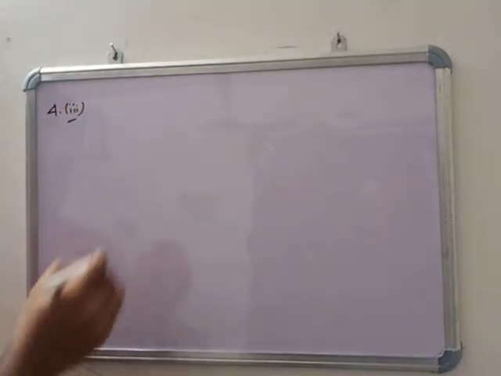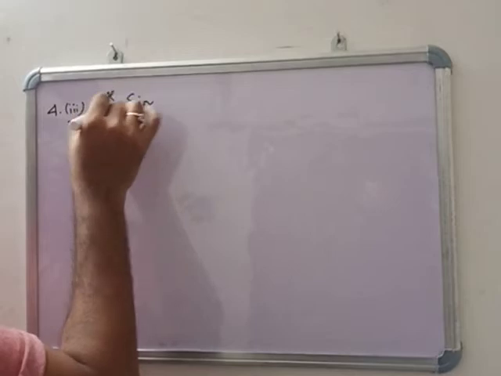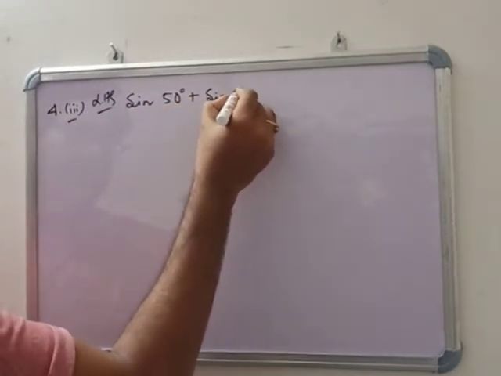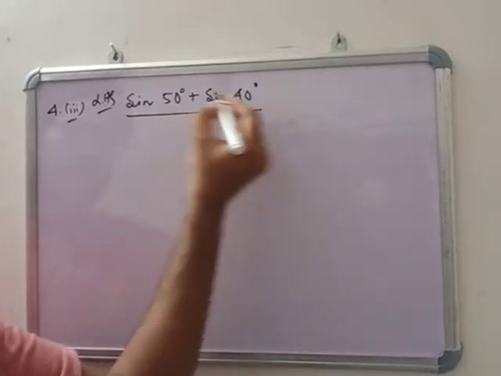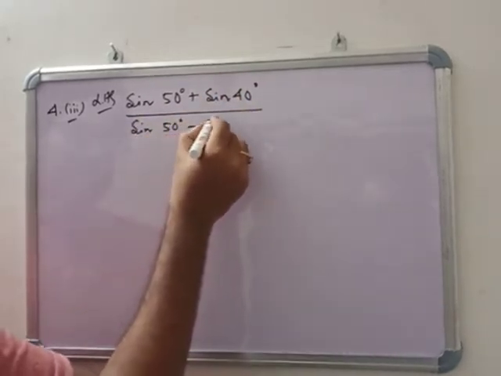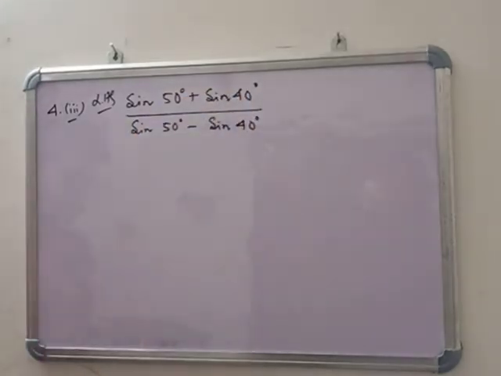In 4.8.3, LHS, sine 50 degree plus sine 40 degree by sine 50 degree minus sine 40 degree. Okay, this is given.